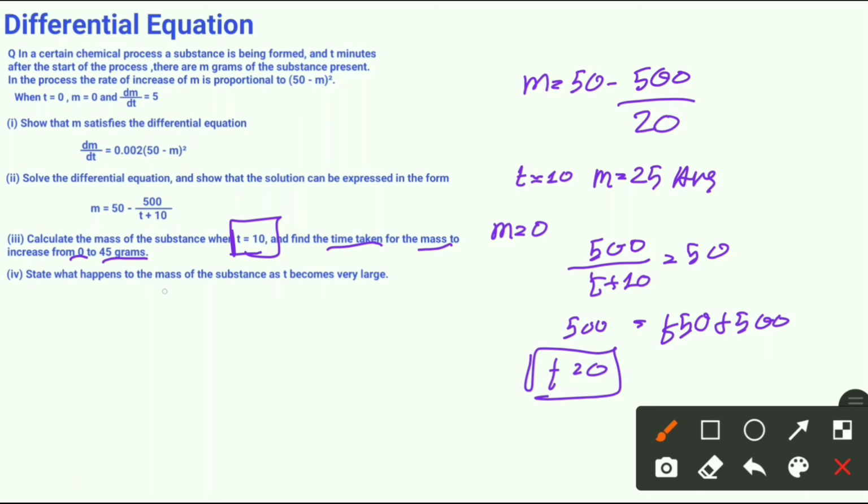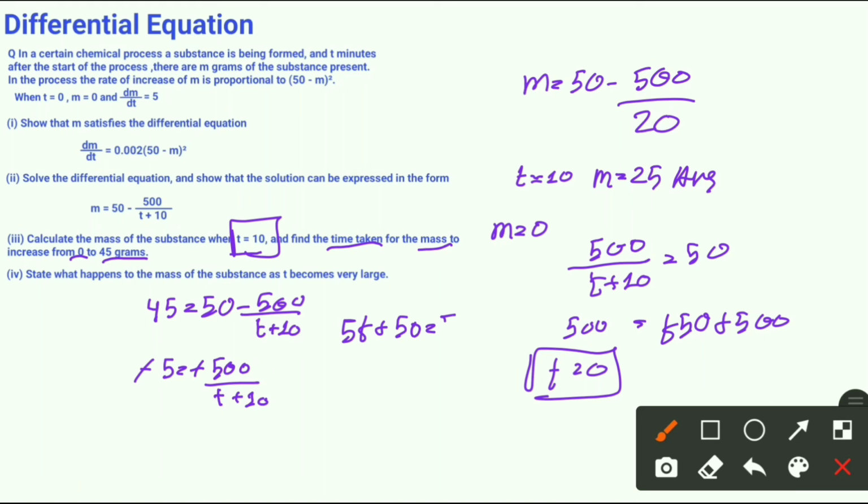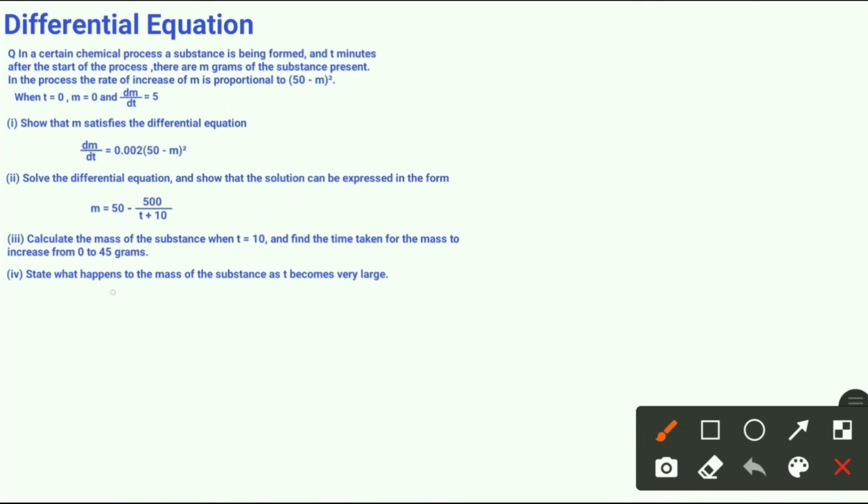Okay, and if m is equal to 45, then 45 is equal to 50 minus 500 upon t plus 10, so it's going to be minus 5 minus 500 upon t plus 10, minus minus cancelled, and then it's going to be 5t plus 50, 500, then 5t is equal to 450, and it's going to be 90 seconds. Okay, 90 is the answer.